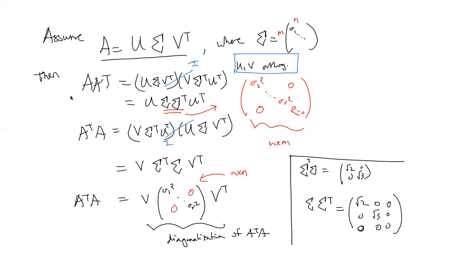So keep in mind that these matrices are not transposes of each other. Right, yeah, it looks like it, but they're not. In fact, they're symmetric matrices. If you transpose one, you get the same thing.